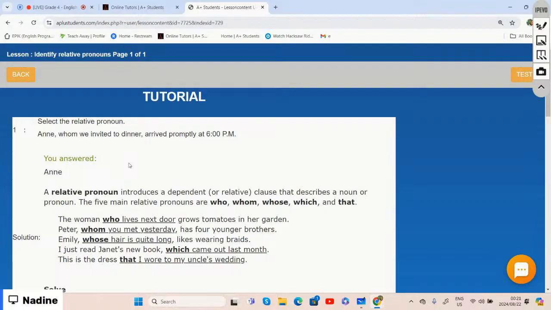It says, the woman who lives next door grows tomatoes in her garden.